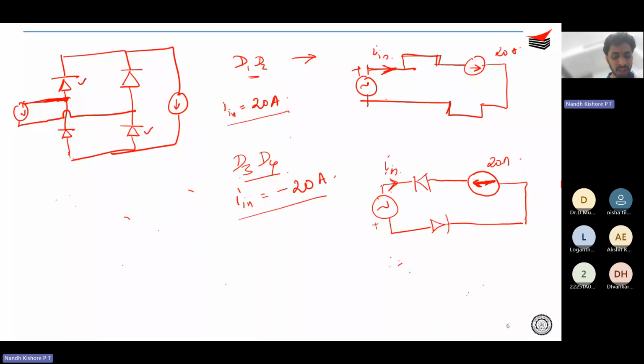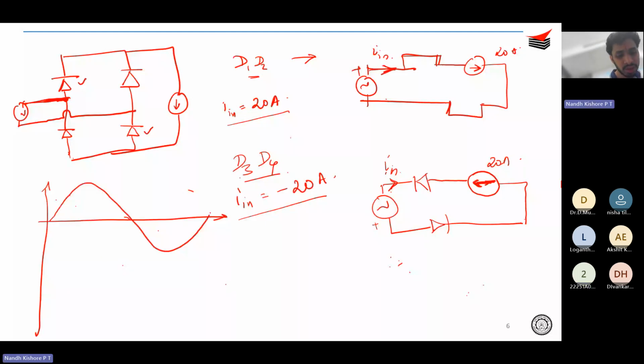So now you draw the waveform of In. Yes, a square wave. This is your sinusoidal voltage. Therefore, your In will be 20 amperes during the positive half cycle and minus 20 amperes during the negative half cycle, and so on.